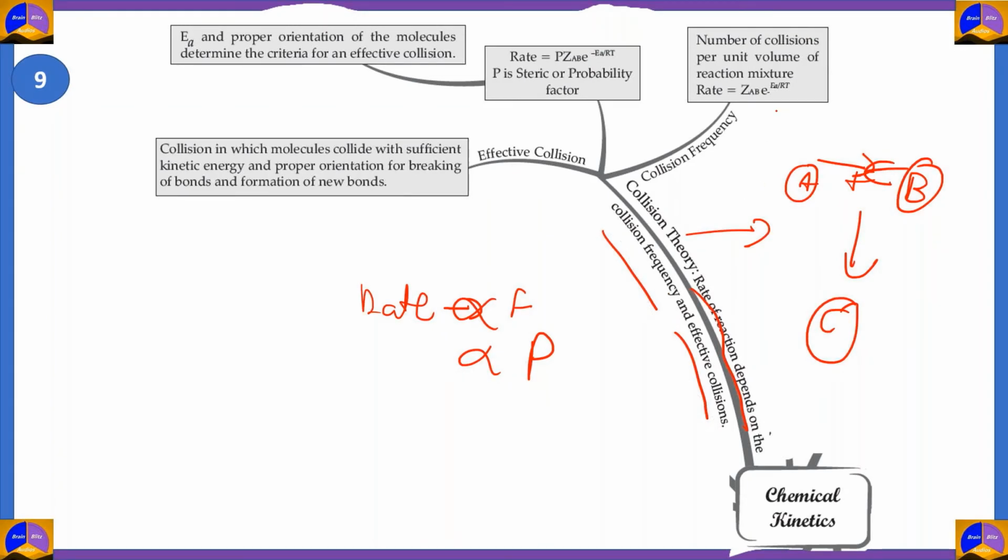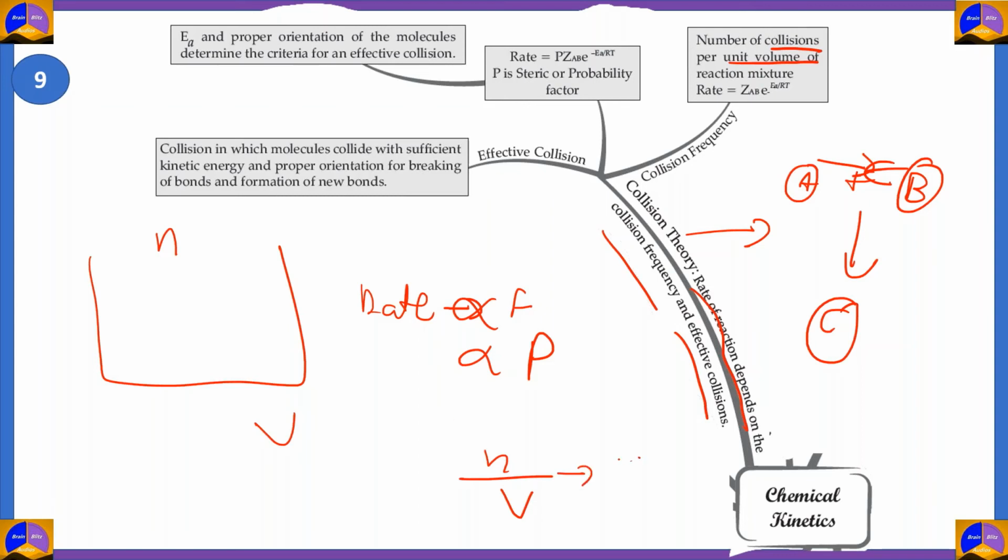So what is frequency here? Frequency is the number of collisions per unit volume. So suppose we have a volume V, and we have the suppose number of molecules N. So N by V would give us the collision frequency of this reaction. And so that is represented by ZAB.